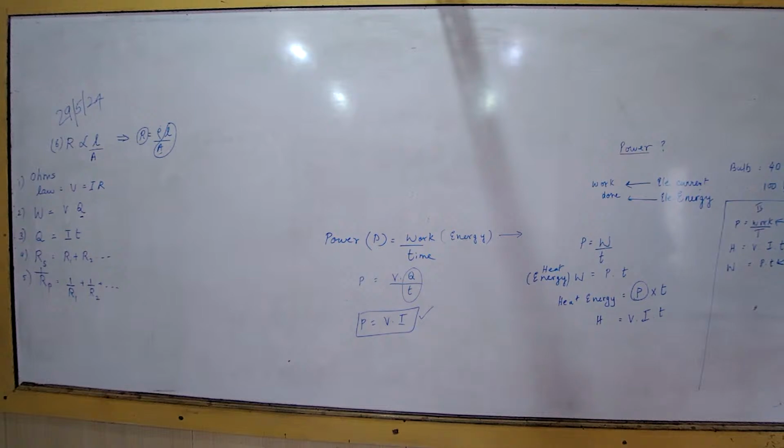Thus, for a steady current I, the amount of heat which is produced in time t is equal to VIT. So that is another formula that I have written here. Is that okay? Now, coming back here.